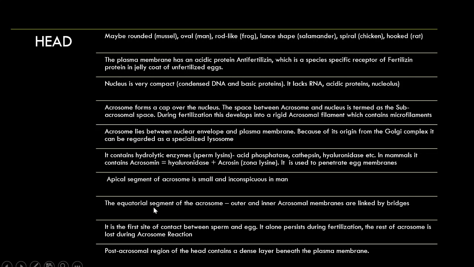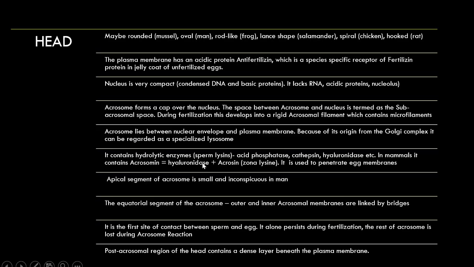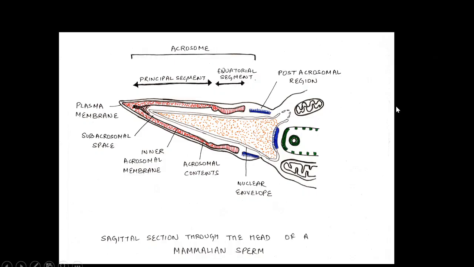So only the equatorial segment of the acrosome persists during fertilization. So going back to the diagram, this is the area where the sperm first makes contact with the egg. This is the area which persists even after fertilization. All the rest is lost. The post-acrosomal region of the head contains a dense layer beneath the plasma membrane. So this is the post-acrosomal region which contains the dense layer.